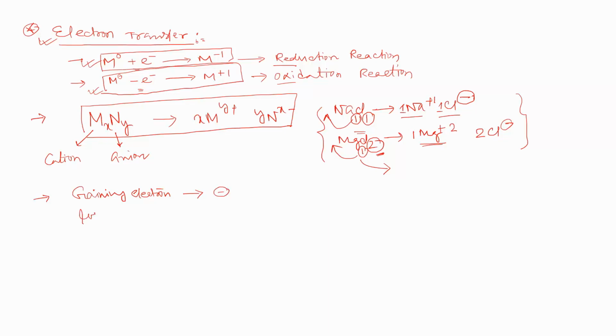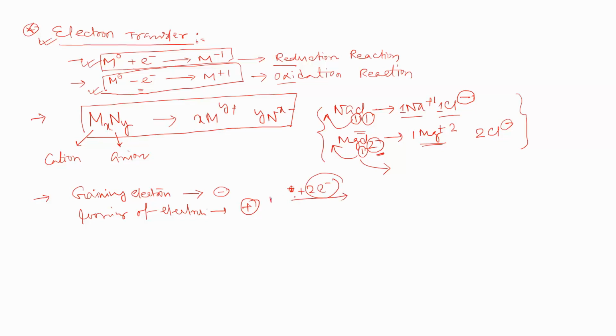When there is loss of electron, then it will be positive. Suppose in a gaining of electron reaction, in a chemical reaction, there are two electrons gaining.